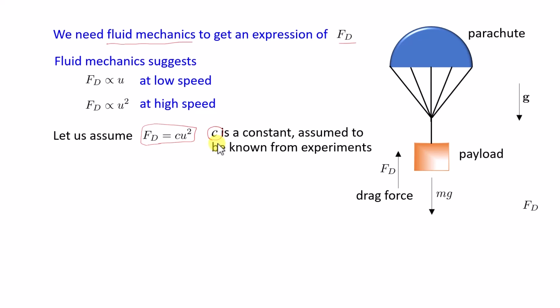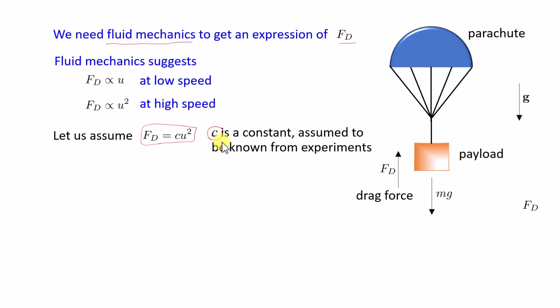We will simply assume for simplicity, because we are not discussing fluid mechanics here, we are discussing only numerical methods. So we will simply assume that c is a constant, and it is known to us from experiments that either we have done before or someone else has done for us.